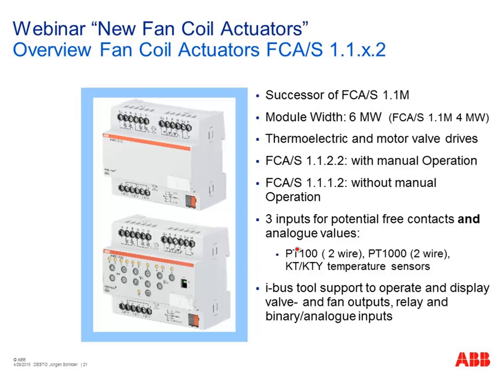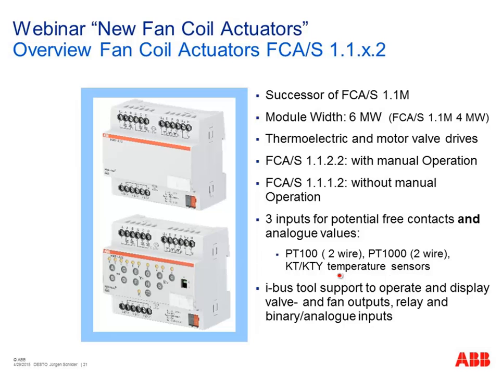So we can connect temperature sensors here, which are analog signals, PT100 or PT1000 or KTY temperature sensors, to measure the room temperature with a simple sensor. Maybe additionally to the room thermostat necessary for controlling, or we use it only for temperature measurement and use our room thermostat only for controlling. This solution is available in the application of the room thermostat, and you can decide what to do.